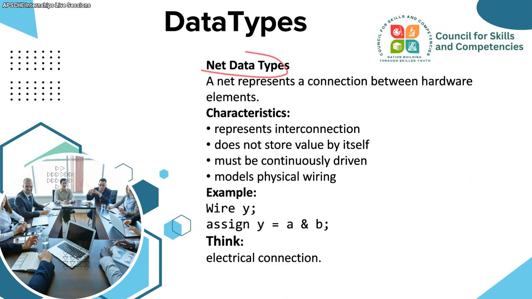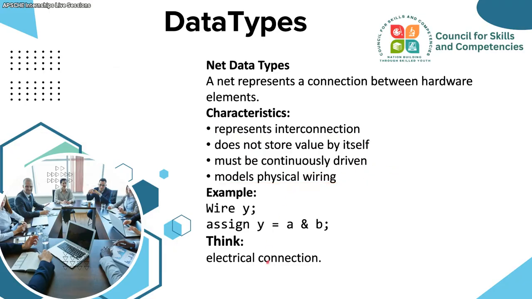The net data types represent the connection between the hardware elements. Something like a wire, okay, it cannot store the value. It represents the interconnection. It does not store value by itself and must be continuously driven. So it models physical wiring.